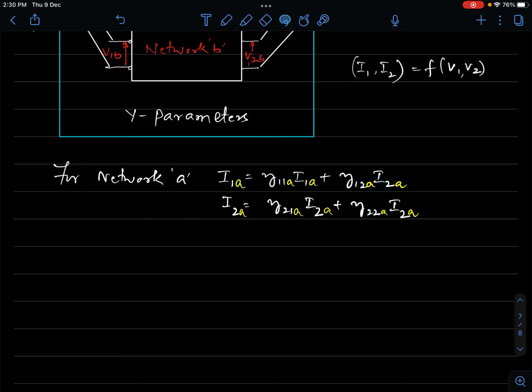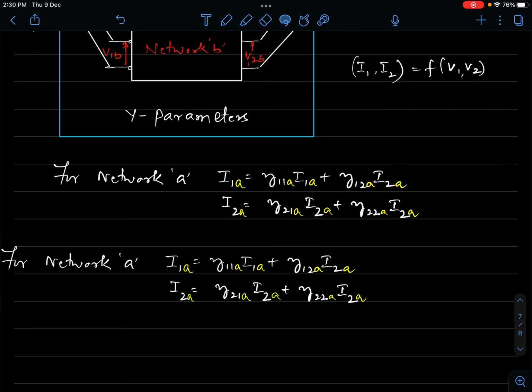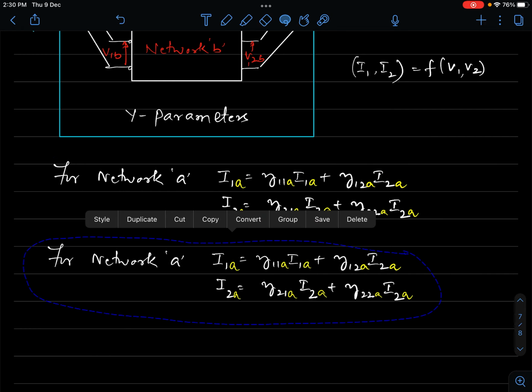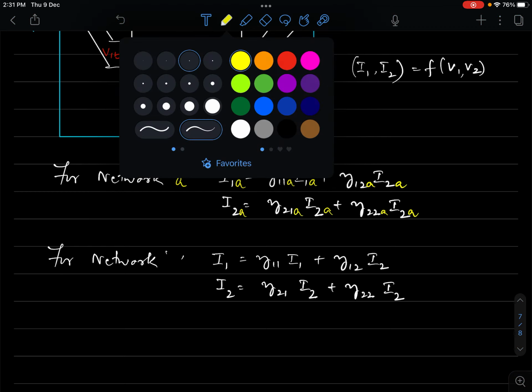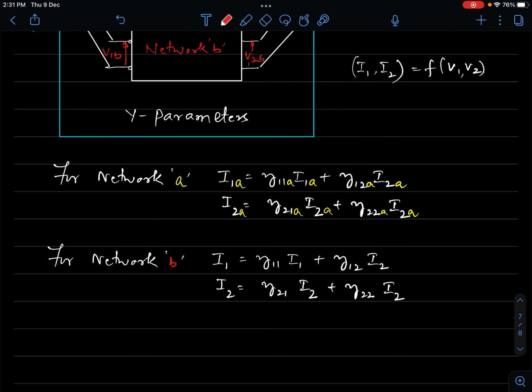Similarly, we can get the equations for the B network. What I'll do is take this entire set itself, copy it, and paste it here. And I'll remove all the A's from these sets of equations and replace them by B. This is for the A network I have written.